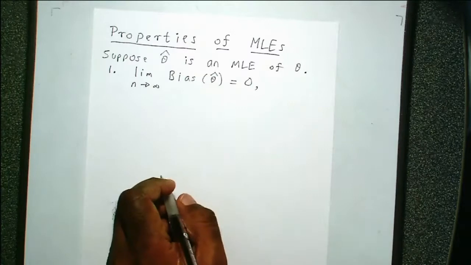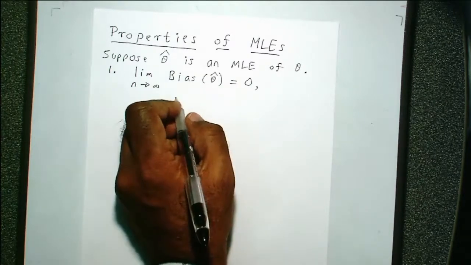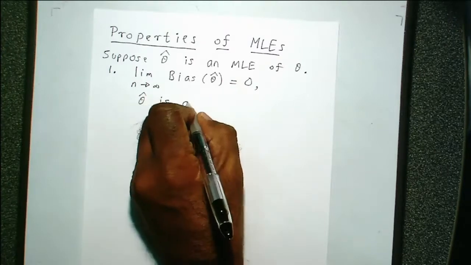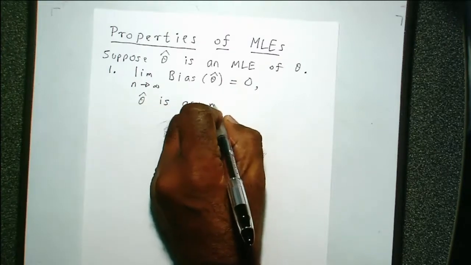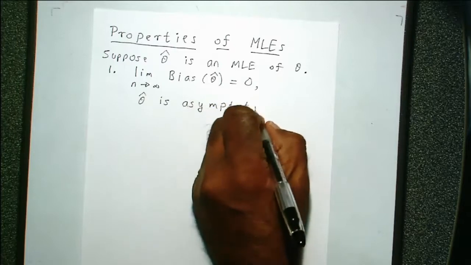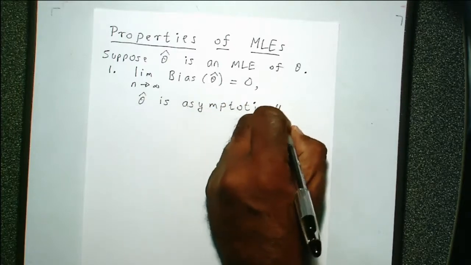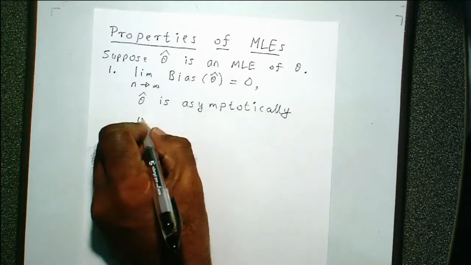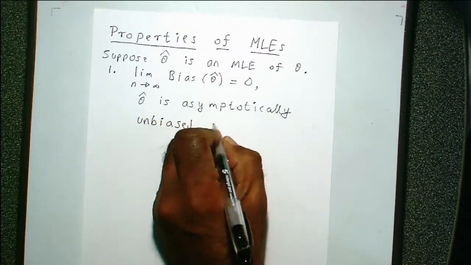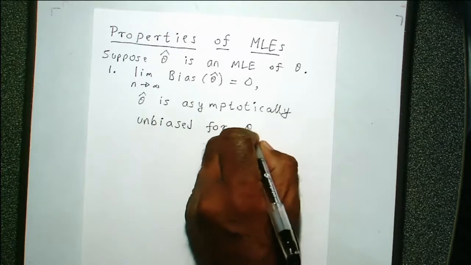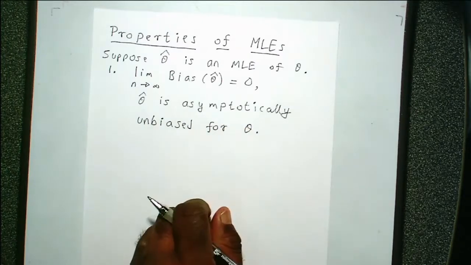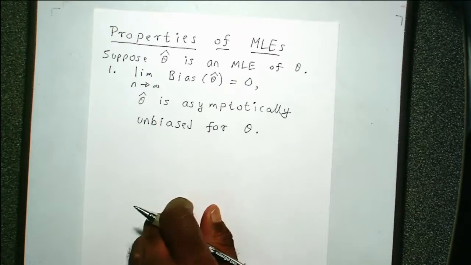That's property number 1, which is the same as saying that theta hat is asymptotically unbiased for theta.